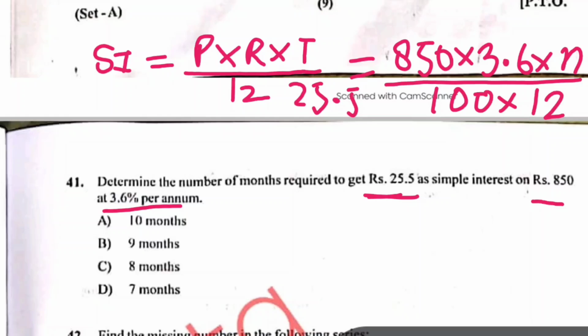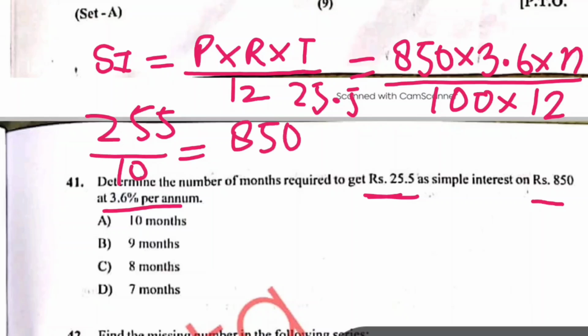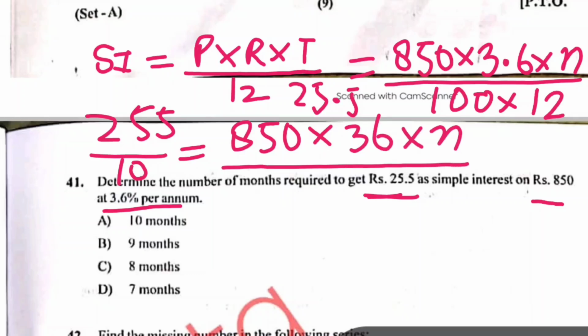Solving this, 25.5 can be written as 255 divided by 10, equal to 850 times 36 (in place of 3.6) times n divided by 100 times 10, which becomes 1000, into 12.